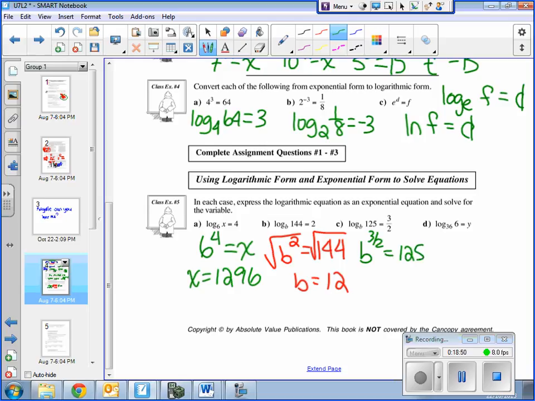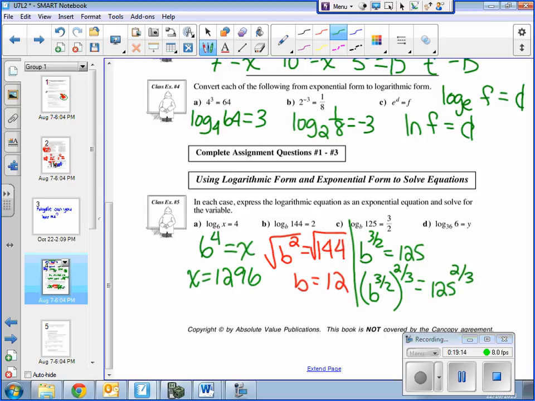Do you remember how to do this one? Oh, you're making a negative, right? No. You don't make it a negative unless it's on the bottom. But make it the reciprocal. Okay? So this is the same as b to the 3/2 all to the 2/3 equals 125 to the 2/3.